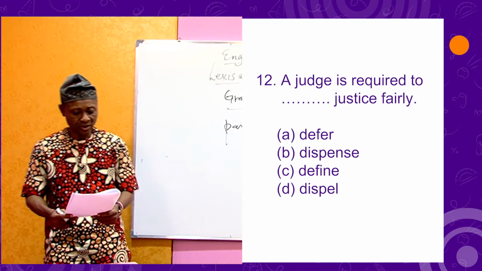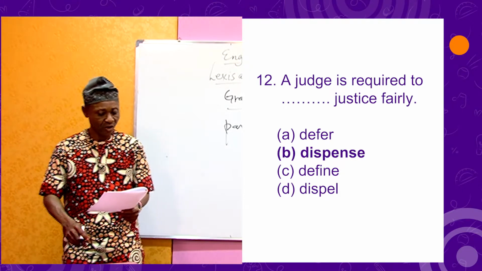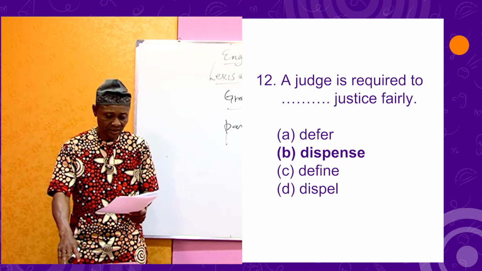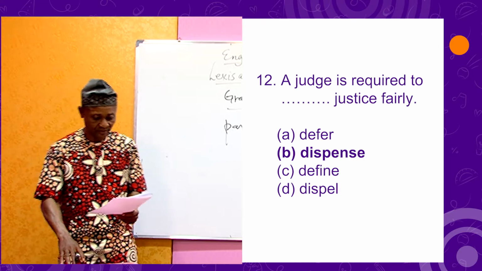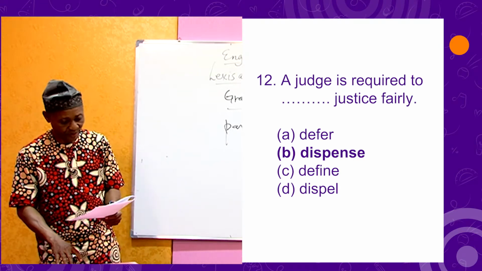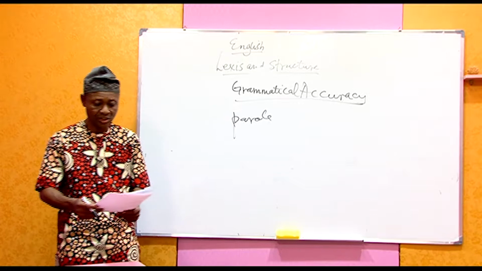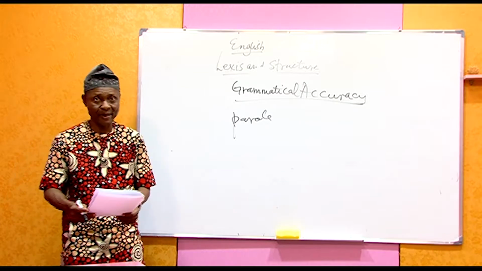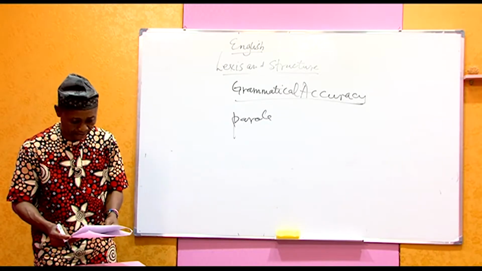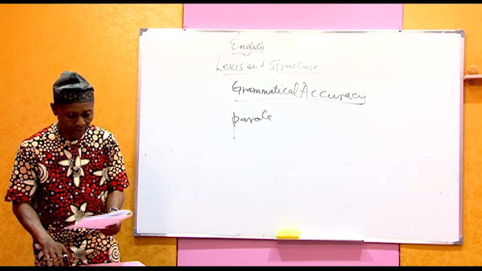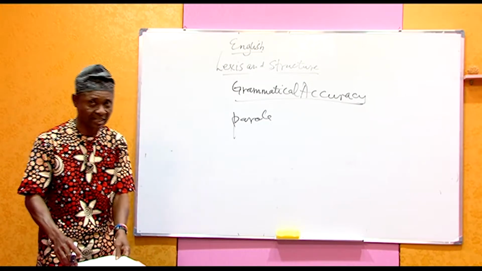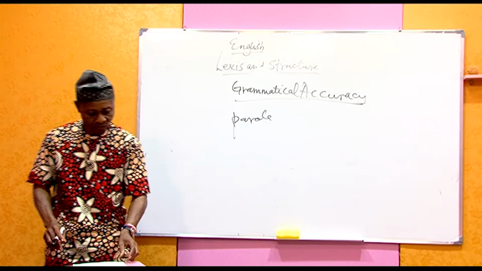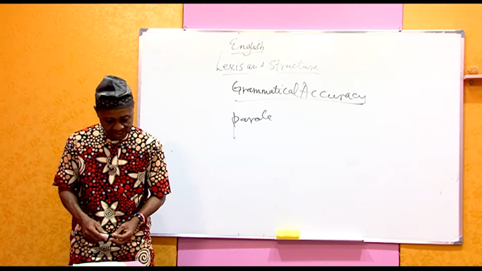A judge does not defer judgment unnecessarily. A judge does not define judgment. A judge does not dispel judgment. But what he does is to do what? To dispense justice fairly. And that is to say, option B is the correct answer to the question. We move to question 13.